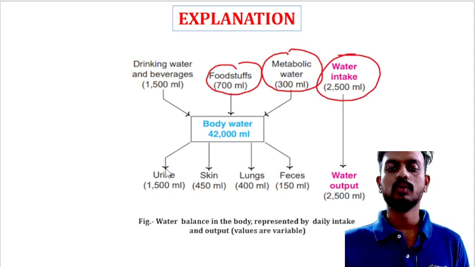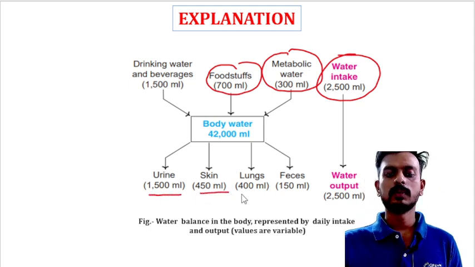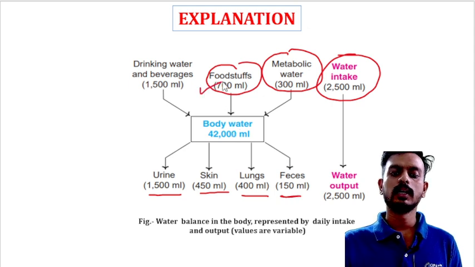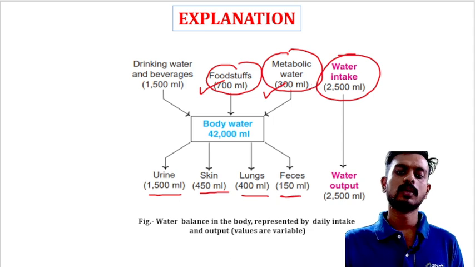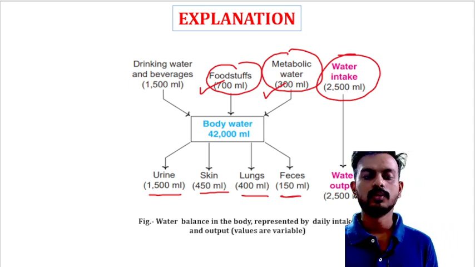From this, urine will be 1500 ml, skin 450 ml, lungs 400 ml, and feces 150 ml. So remember: foodstuff 700 ml, metabolic water 300 ml. I hope all of you are understanding what we are discussing.